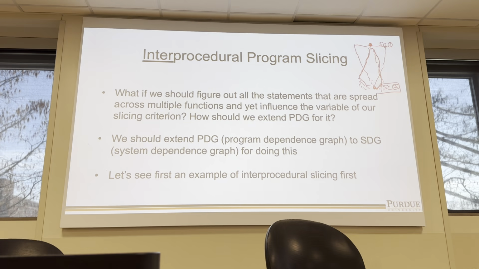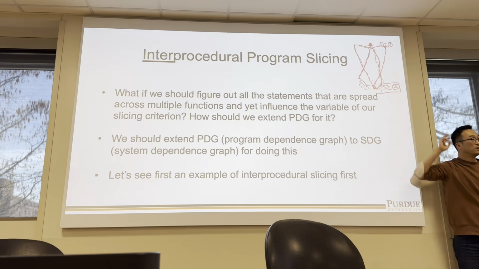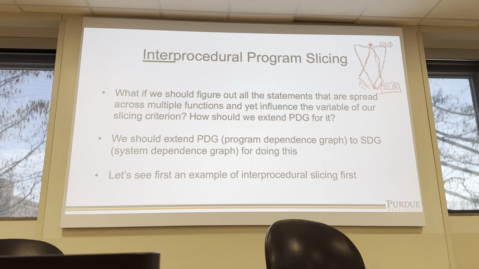Anything outside of this opposite triangle cannot affect my values in slicing criterion 2. So here in this case, we have an interesting region of these slicing statements. There is overlap between the forward and backward slicing.